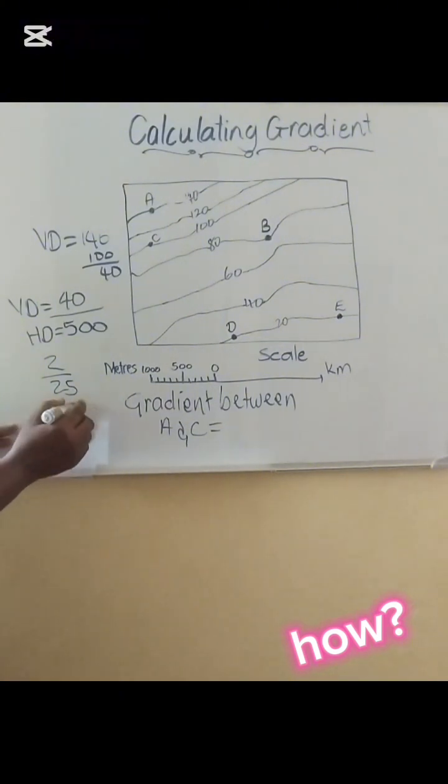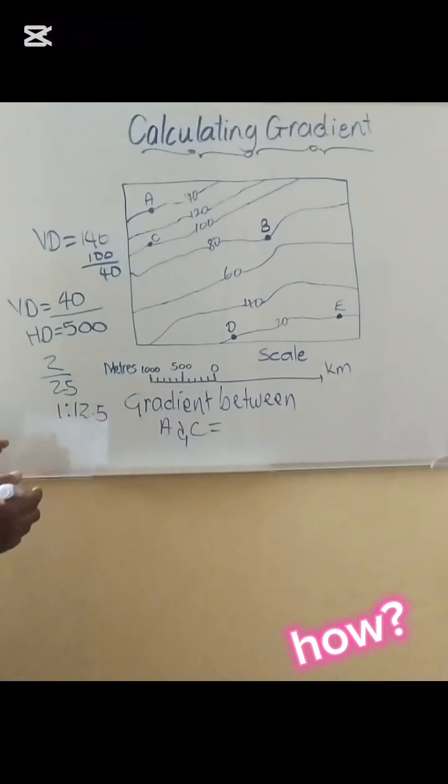And you know what this is saying? This is saying for every 1 meter that the land rises, you travel 12.5 meters.